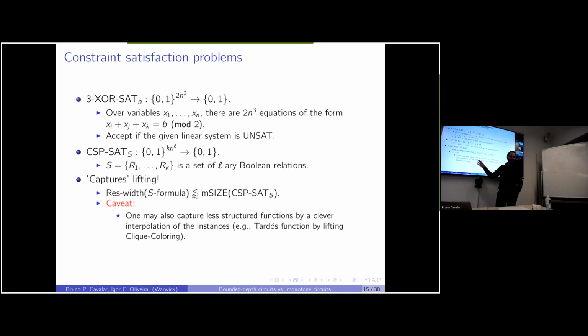But there's the caveat, so that I almost say captured totally, because sometimes if you look at the instances that are generated, they are not the entire instances of CSP. In some way they are still hiding this S formula there. So sometimes if you're smart enough, you can get an easier to compute function, like the Tardos function.